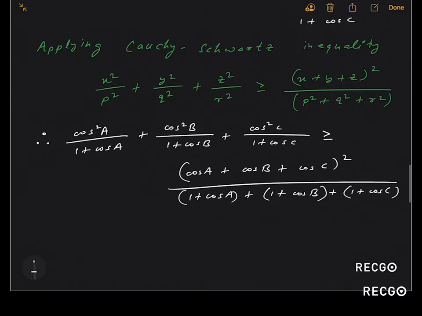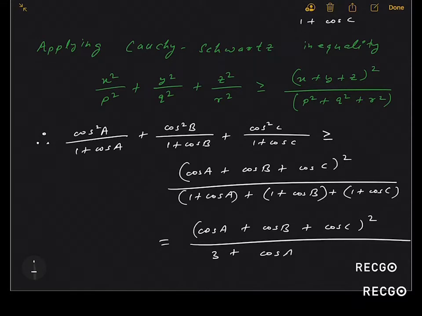So if I rearrange the terms to further solve it, we get (cos A + cos B + cos C)² divided by 3 plus, putting all the trigonometric terms together, (cos A + cos B + cos C) in a bracket. Assume that cos A plus cos B plus cos C is t.